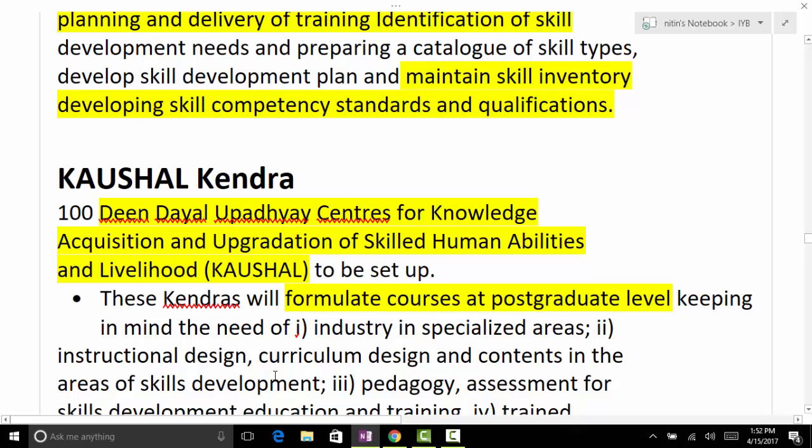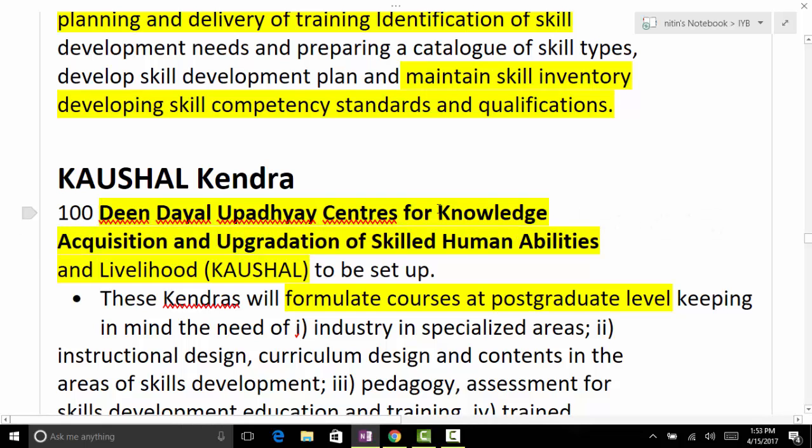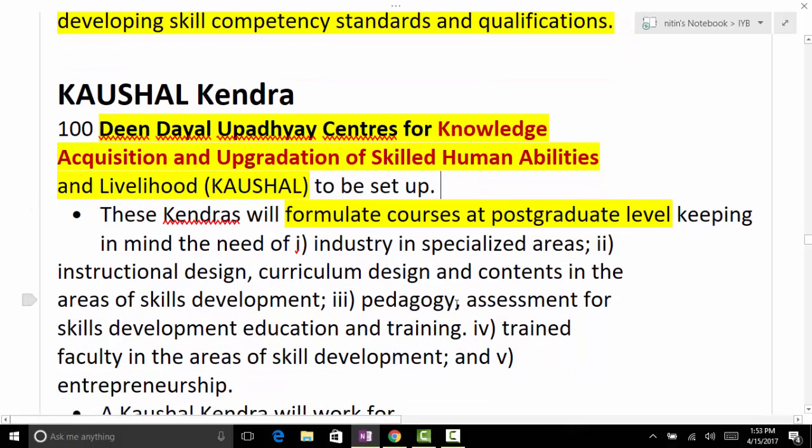Kaushal Kendras, what Kaushal stands for? Knowledge acquisition and upgradation of skilled human abilities and livelihood. This is Kaushal. Deen Dayal Upadhyaya Centers. So what they will do?